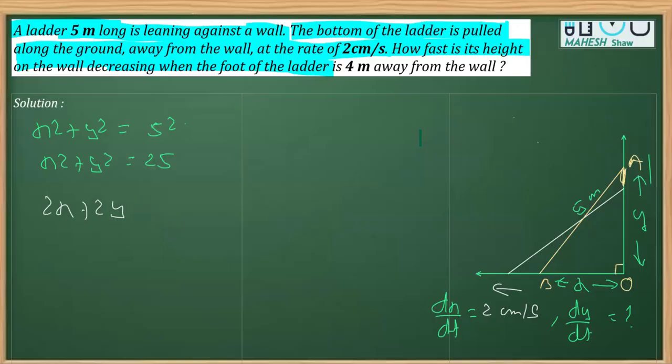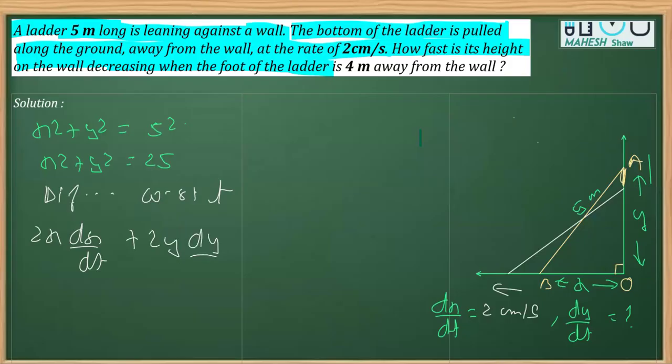Differentiating both sides with respect to t, we can say this is 2x dx over dt plus 2y dy over dt is equal to 0. I can take 2 common and say x times dx by dt plus y times dy by dt is equal to 0.